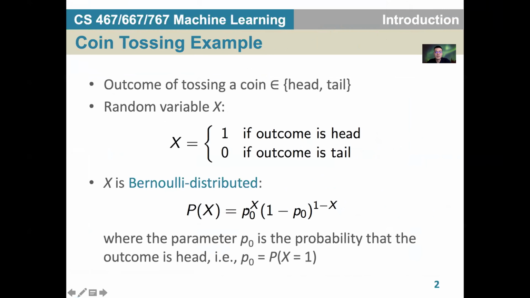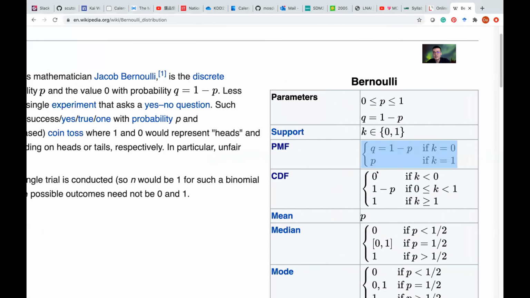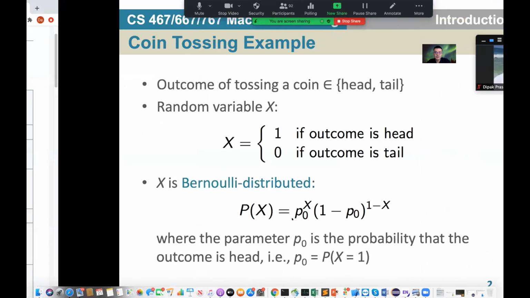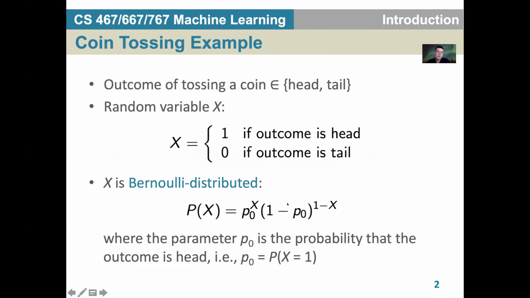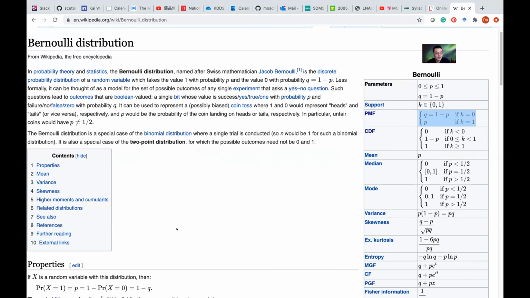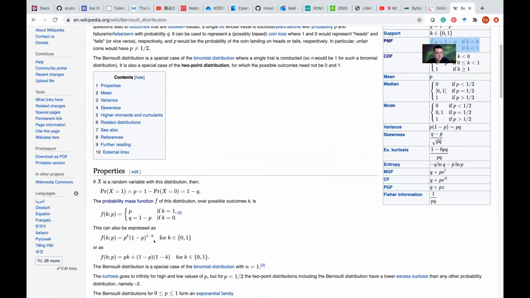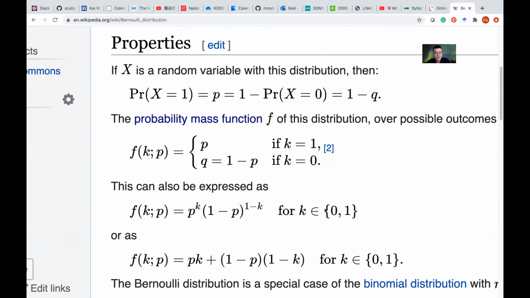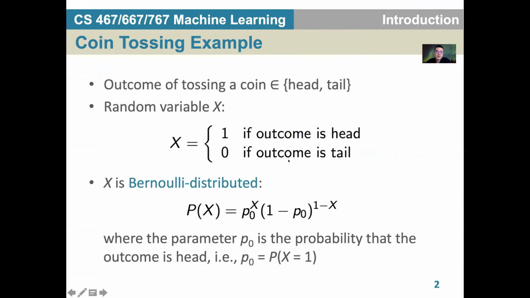If you get 0, it gives you 1 minus P. If you get 1, it gives you P. Usually we will use the compact form because we can take a derivative of it, which is very important when we do something like gradient descent or compute the optimal value. We don't want to use the other one because it's not so uniform. So there are two forms, and we are using this form. Any questions?